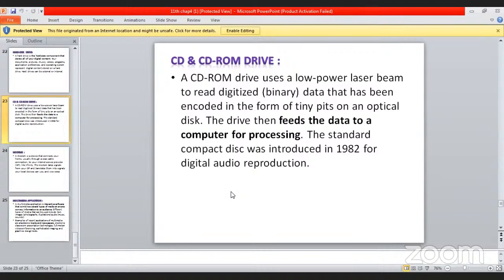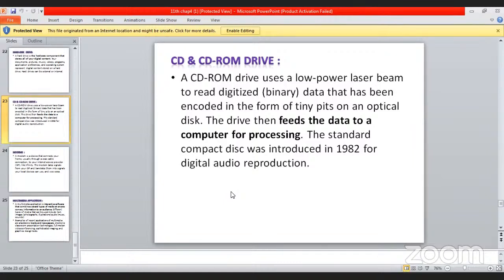So the recording of audio, songs, video, films is done at the time of manufacturing by a laser method. Means the user can read it by means of the CD player. Hence it is named read only memory, because we can only read. It is called a CD-ROM.